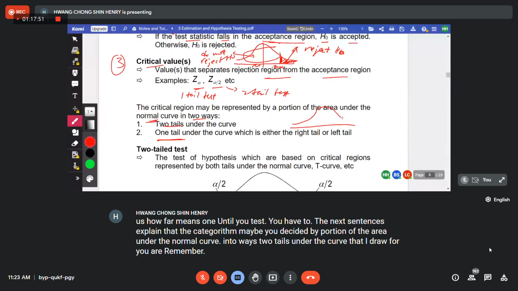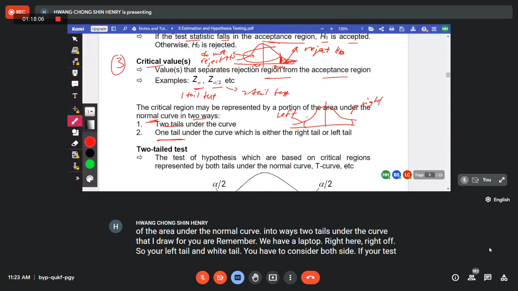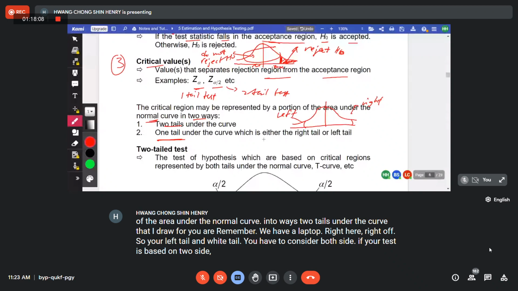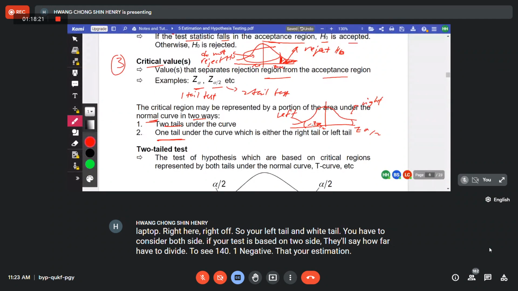Remember chapter 4? We have a left tail and right tail, correct? So for your left tail and right tail, you have to consider both sides. If your test is based on 2 sides, your Z alpha has to be divided by 2. See, 1 positive, 1 negative, like your estimation, plus and minus, 2 tail.